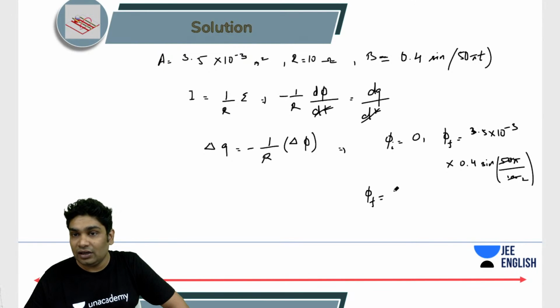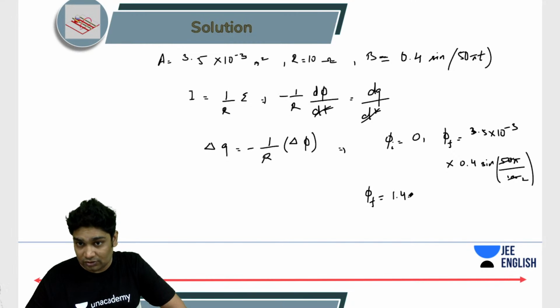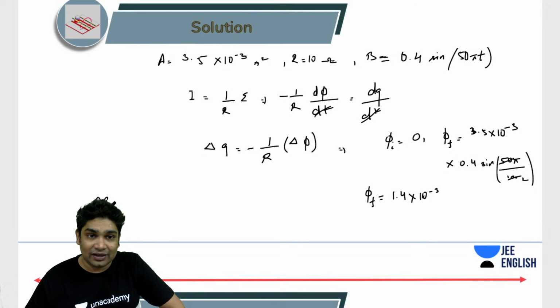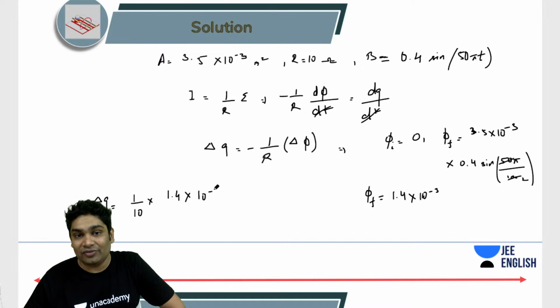So phi final, I realize, is 0.4 into 3.5. 3.5 into 4 would be 14, so that would be 1.4 into 10 to the power of minus 4. So let's substitute these values, and I would have delta Q as 1 over R, which is 1 over 10, times delta phi, which would have been 1.4 into 10 to the power of minus 4.